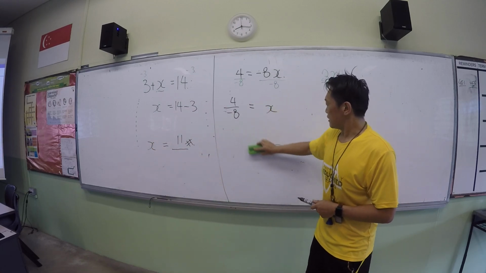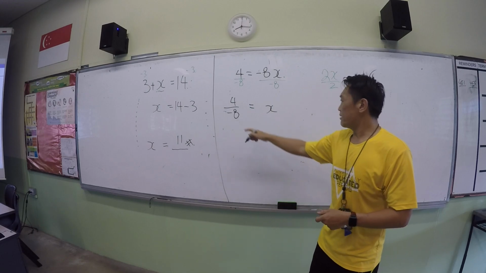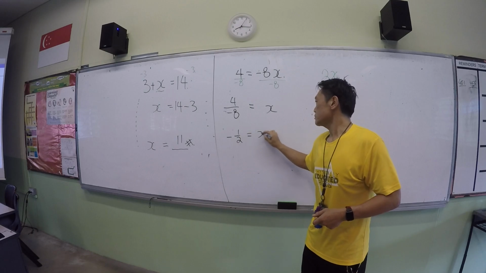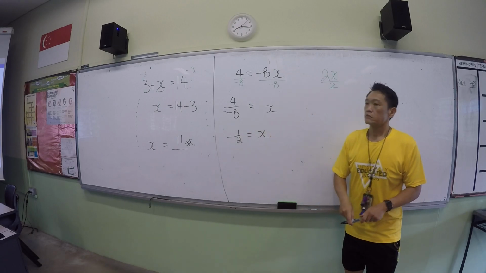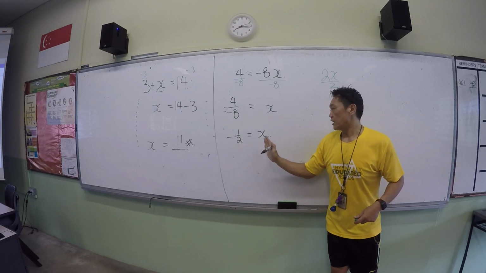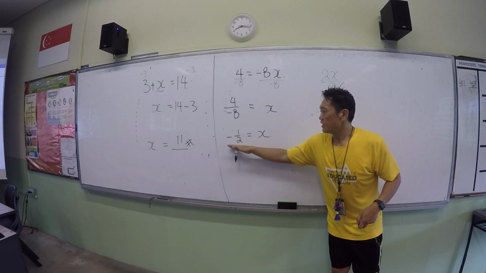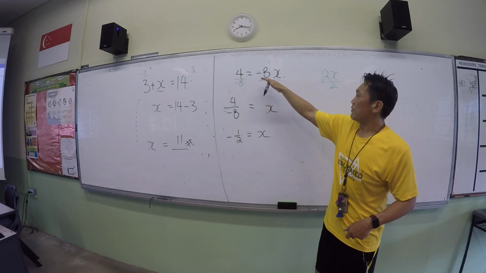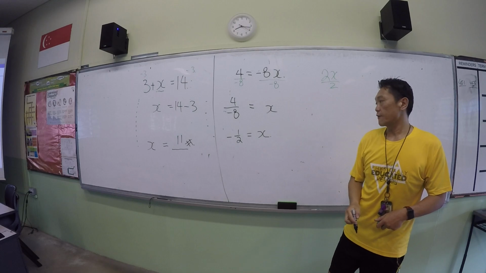And one more step further. 4 divided by negative 8 is negative half. So this is my answer already actually. x must be negative half, so that 4 is the same as negative 8 times x.